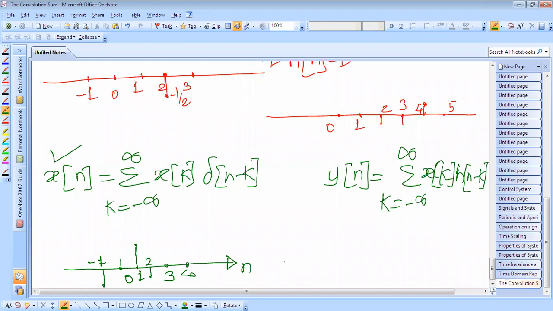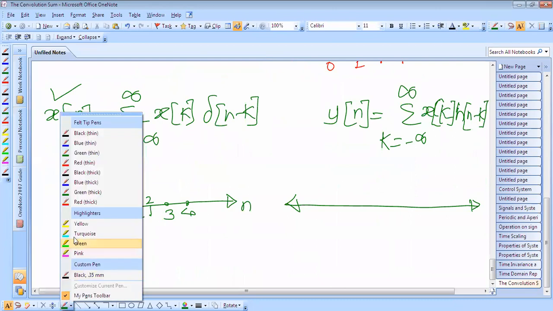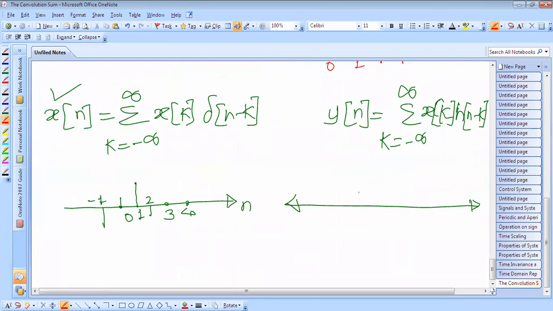Similarly, the total impulse response signal. At 0, it is minus 1.